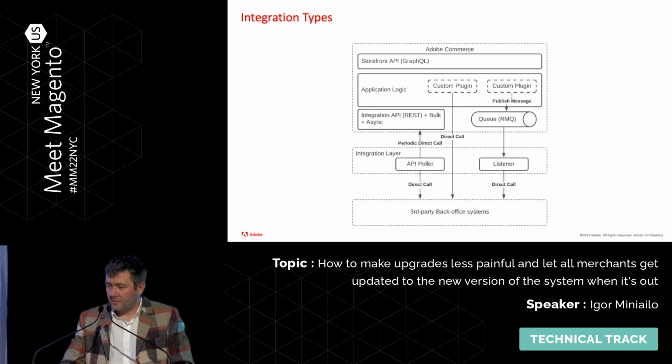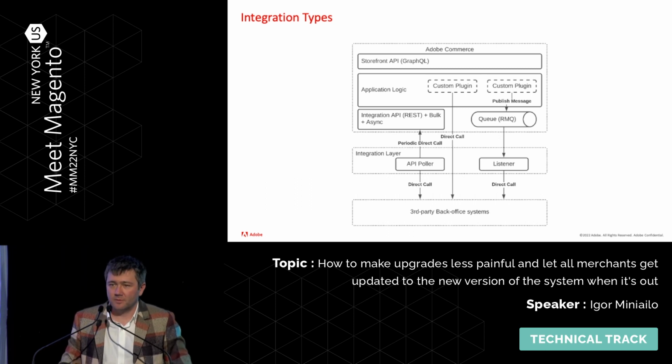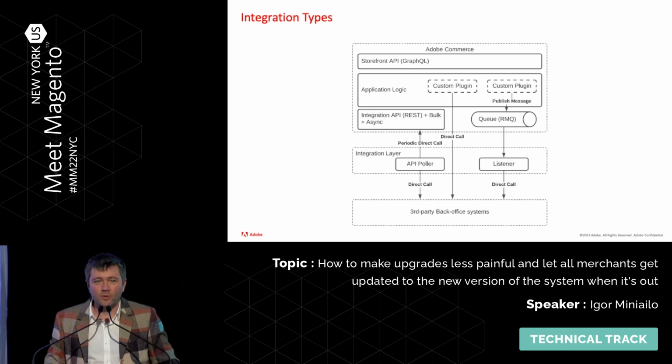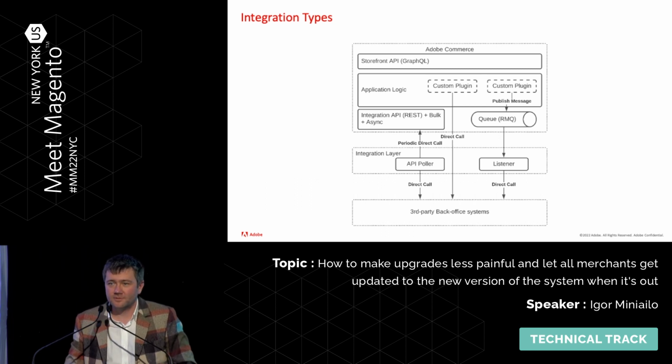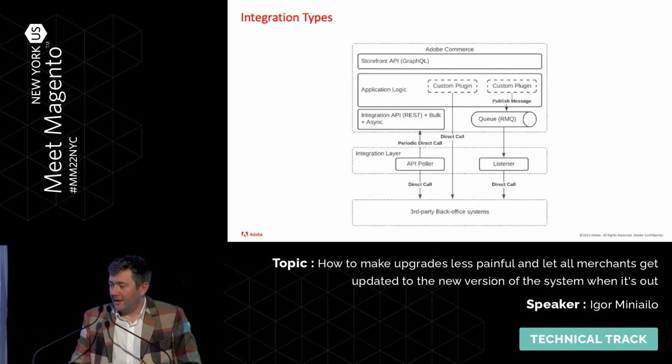This is because a lot of people, myself included, consider Adobe Commerce the most extensible e-commerce platform in the world. And with great power comes great responsibility. In our case, this responsibility is to support multiple versions of the system and to help our merchants better migrate and address this problem.